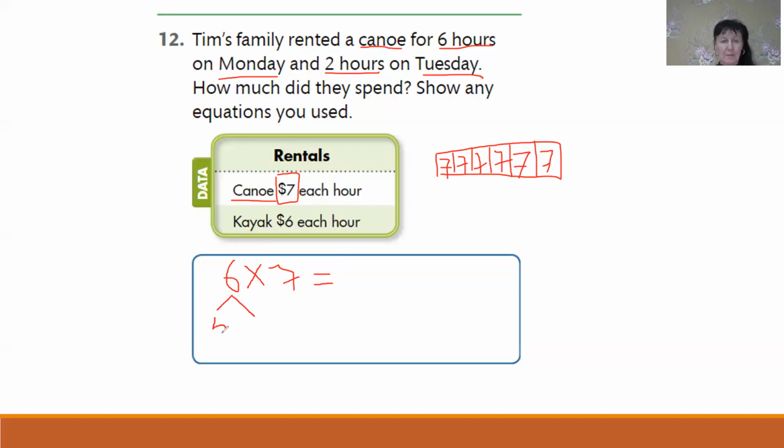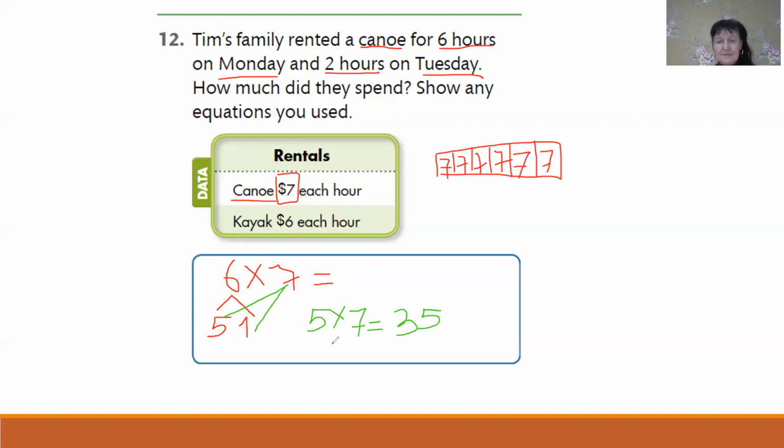I choose to break apart 6. Again, I draw for myself not to forget what I'm multiplying. I'm multiplying 5 with 7 and then 1 with 7. So 5 times 7 is going to be, using our fingers, 35.